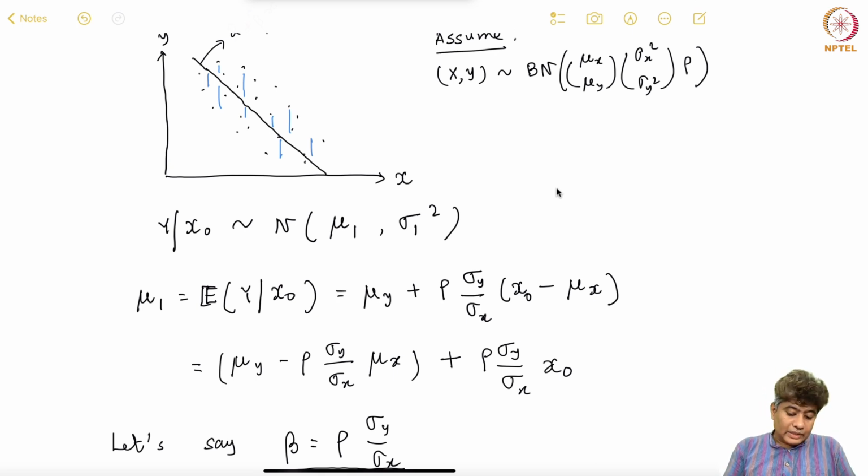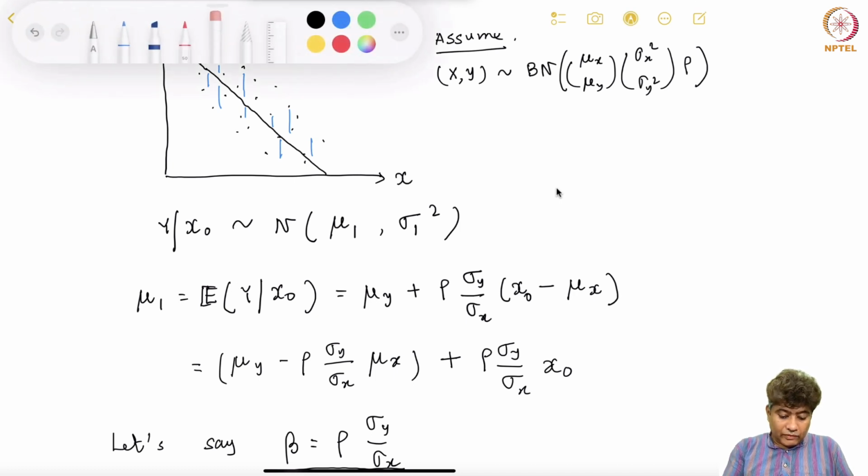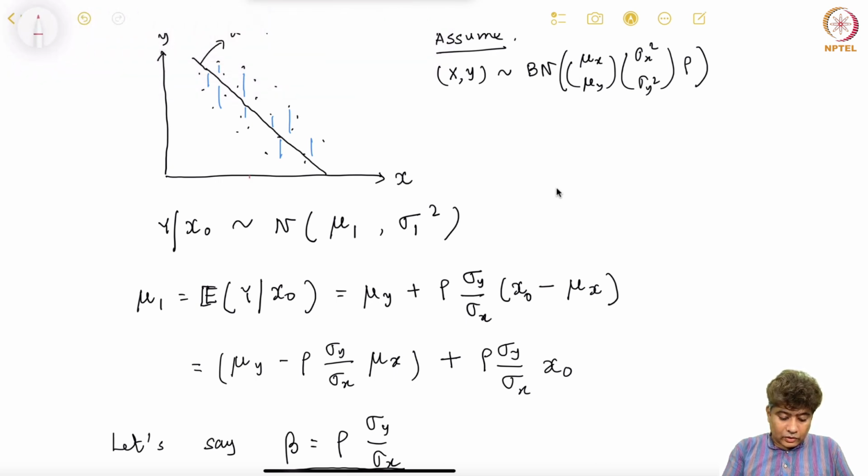Because if I have an x naught here, the line will tell me that this is the expected y naught.